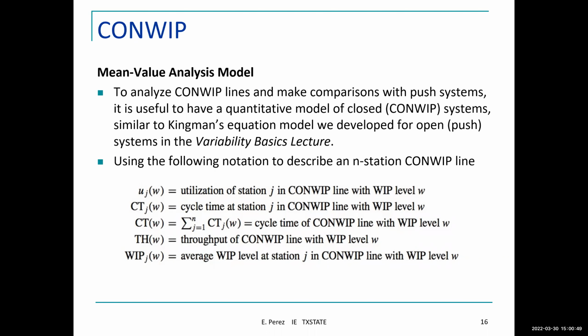CT(w) without the j is equal to the summation of all CT_j(w). Then TH(w) is the throughput of the CONWIP line with WIP level w. WIP_j(w) is the average WIP level at station j in a CONWIP line with WIP level w.